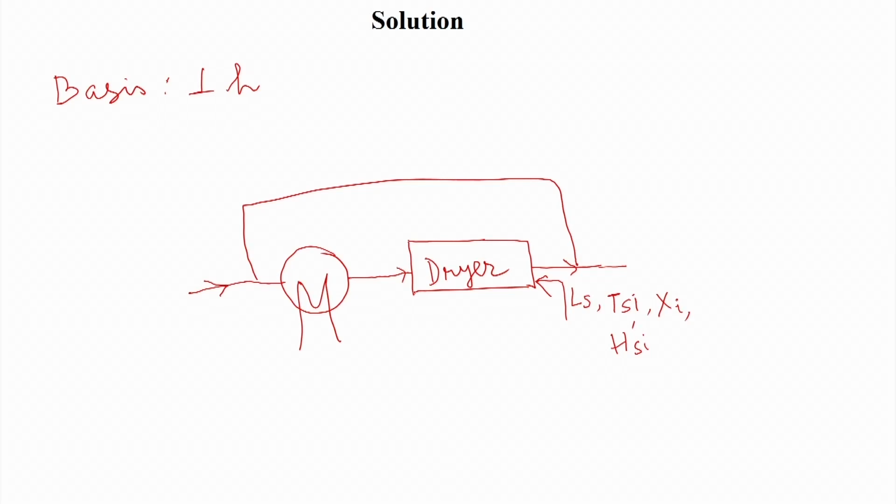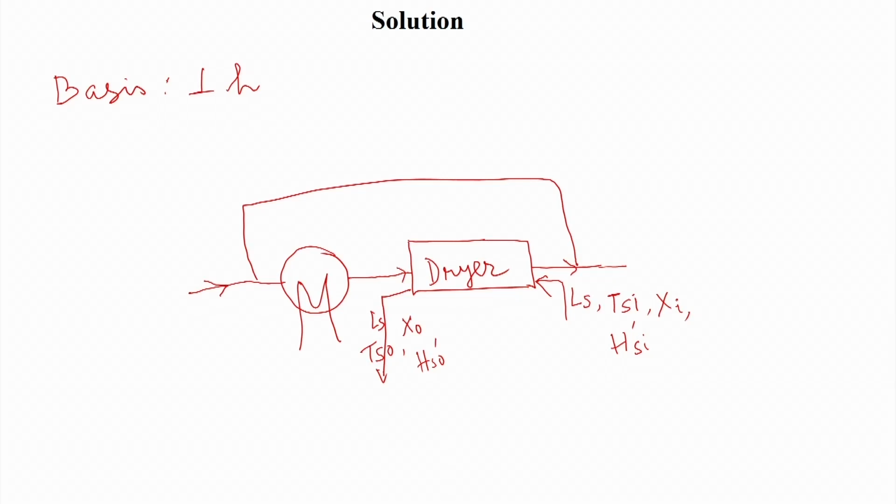And when it leaves the dryer, the flow rate will be Ls, on a dry basis, and the temperature will be Ts out, the moisture content will be X0 and enthalpy will be Hs out prime.